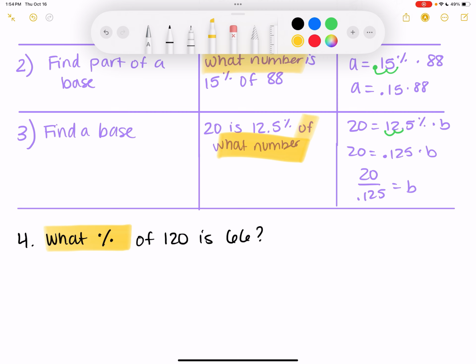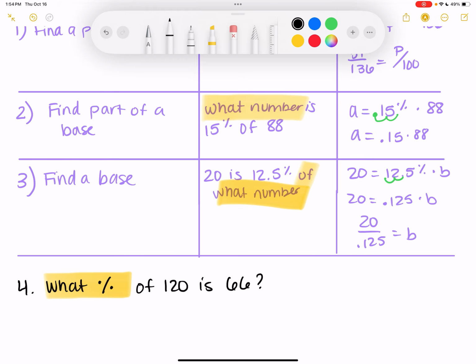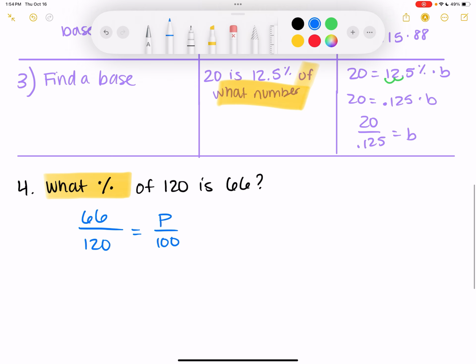So what percent of 136 is 51 was 51 over 136 equals P over 100. They want this one set up as a proportion, so 66 over 120 is equal to P over 100. Then I multiply: 66 over 120 times 100 is equal to P.